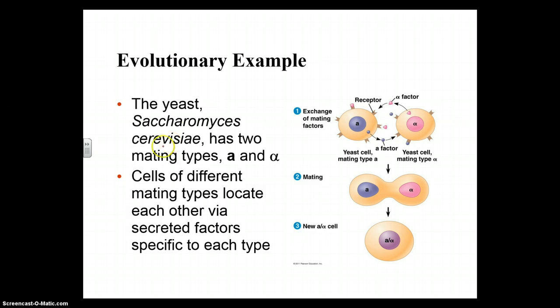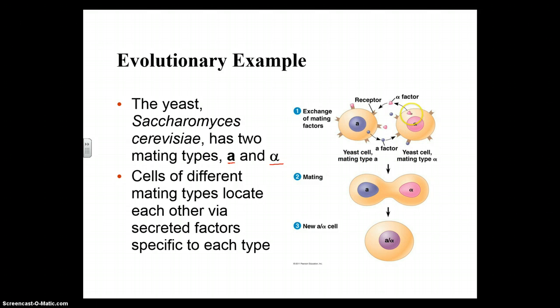This yeast, I'm not quite sure how to pronounce that, has two mating types. It has a type A and a type alpha. The purple is the type A and the pink is the type alpha. Cells that are of different mating types can locate each other by secreting factors that are specific to each type.